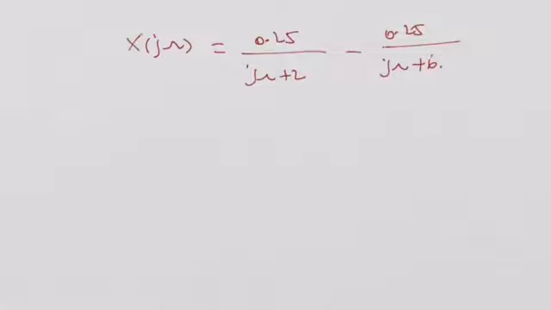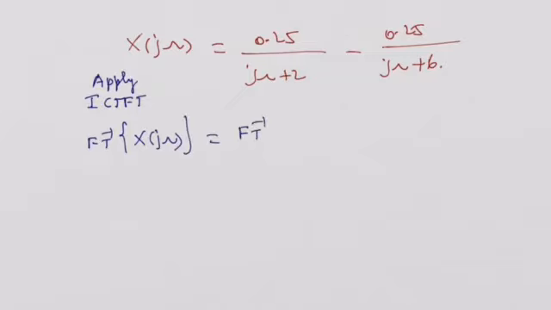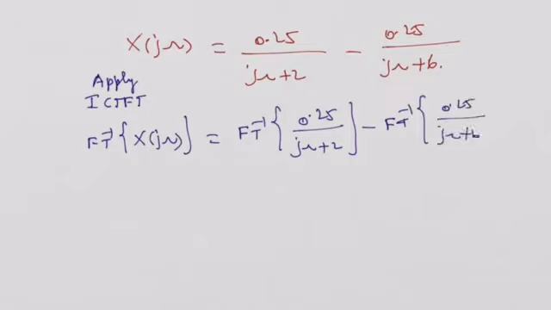Right? If you do like this, now if you apply inverse Fourier transform for continuous time signals on both sides of the above expression, you will find that the inverse Fourier transform of X of j omega results in x of t, and the inverse Fourier transform of 0.25 divided by j omega plus 2 will result in 0.25 e power minus 2t u of t, minus the inverse Fourier transform of 0.25 divided by j omega plus 6, which will give me 0.25 e power minus 6t u of t.